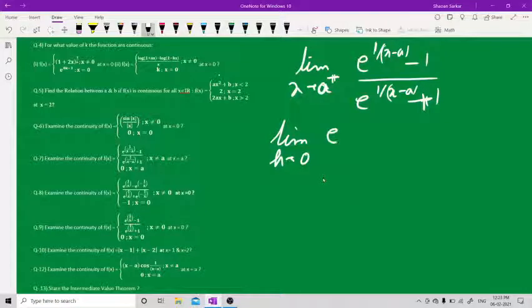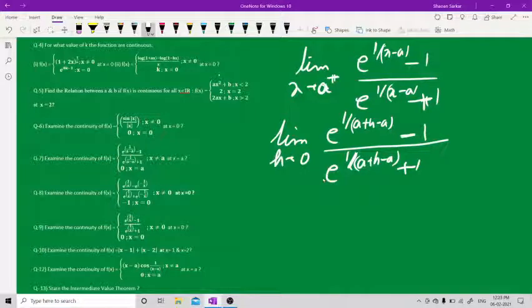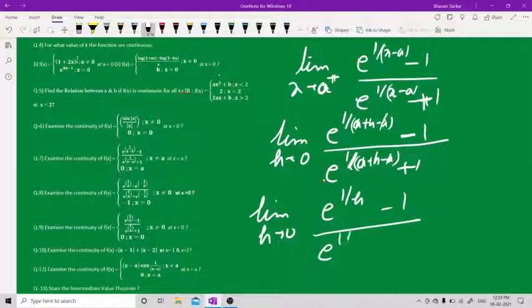This will become 1 upon a plus h minus a, and this will also become e to the power of 1 upon a plus h minus a. Here it is plus 1 and here it is minus 1. This a will cancel. Limit h tending to 0, e to the power of 1 upon h minus 1, and e to the power of 1 upon h plus 1 it will become.